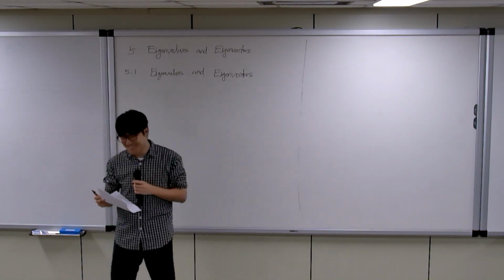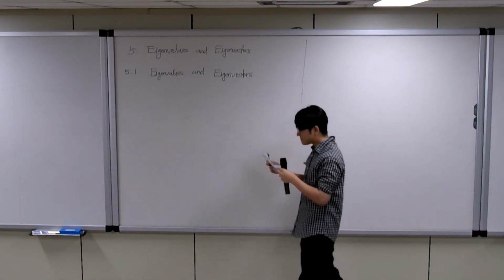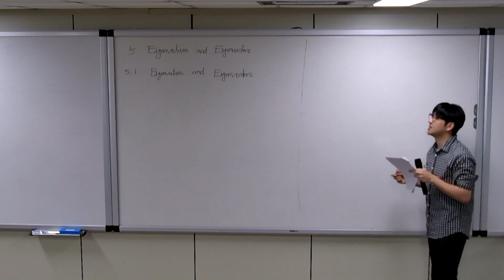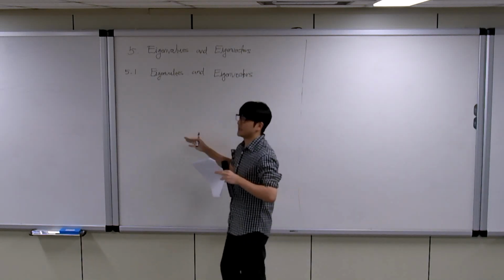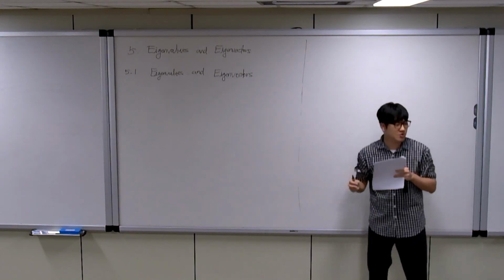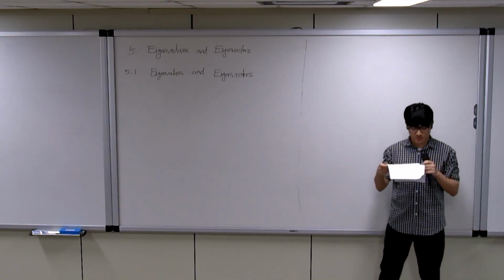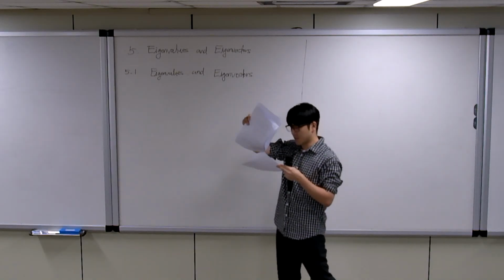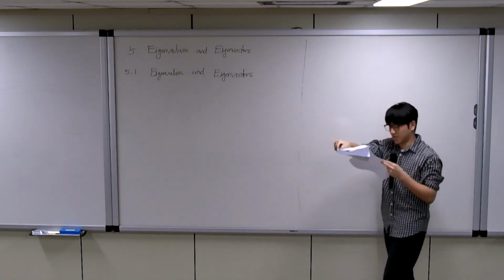Okay, then start again. In the previous chapter we talked about nullity and rank, and actually there was one more theorem, but I will skip it because I don't think it is important.